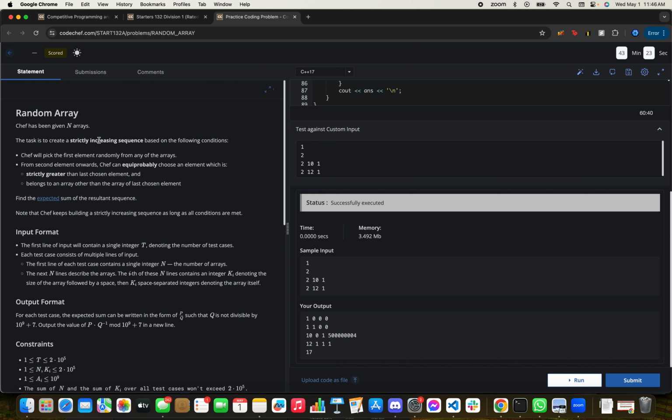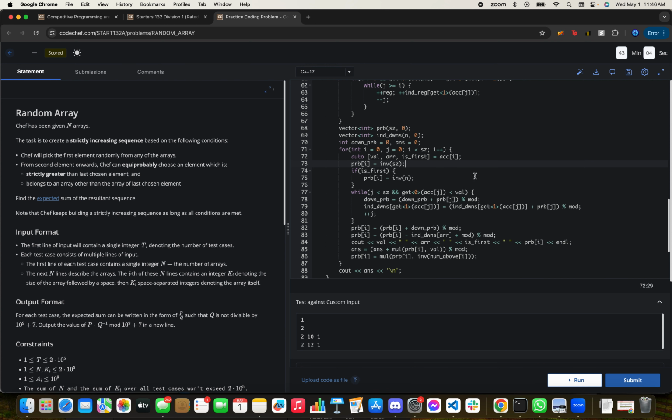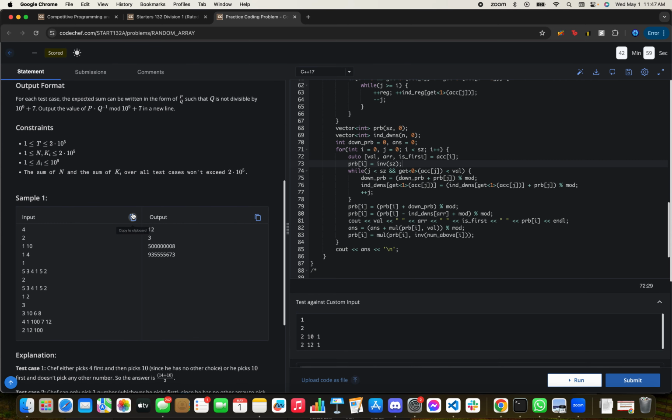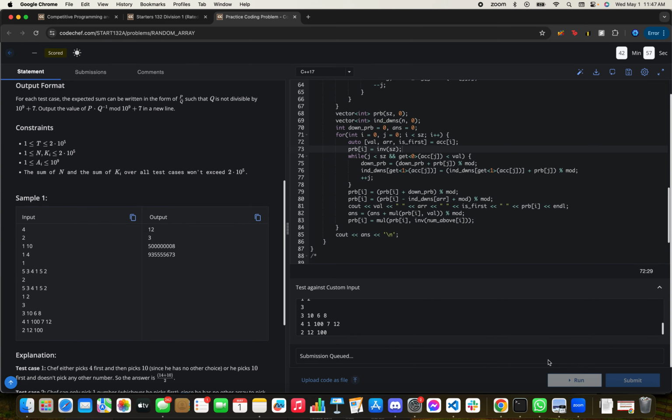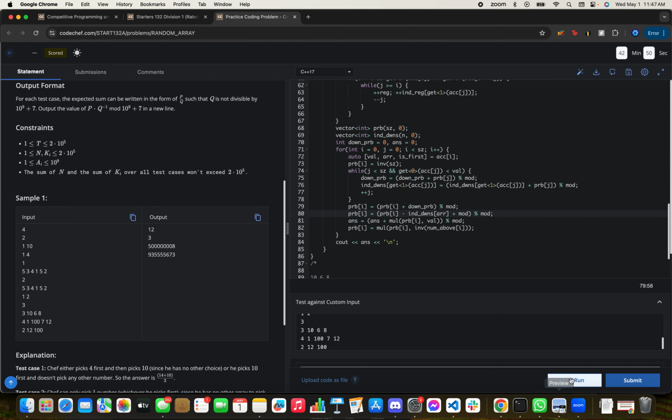Strictly increasing sequence, randomly. Randomly from any of the arrays? Oh my god. Oh god. That's what it... I just misread the problem. God damn it. And somehow passed most of the test cases. What the fuck? That's so sad.